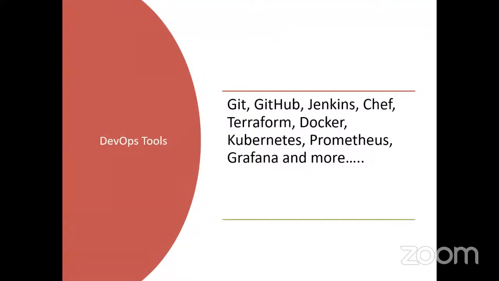We understood what DevOps is. DevOps is a combination of the life cycle, a life cycle process which is followed in companies. Suppose you are working in a company, the company has developers who develop code, and after that they make the build and deploy to the servers.